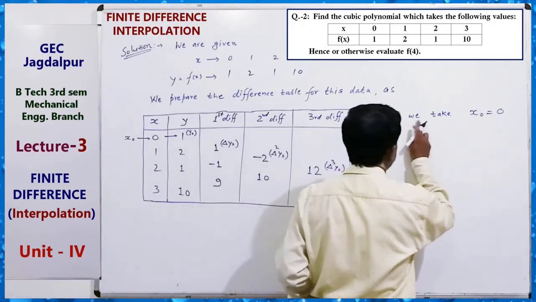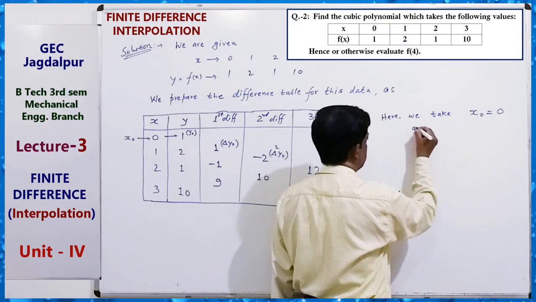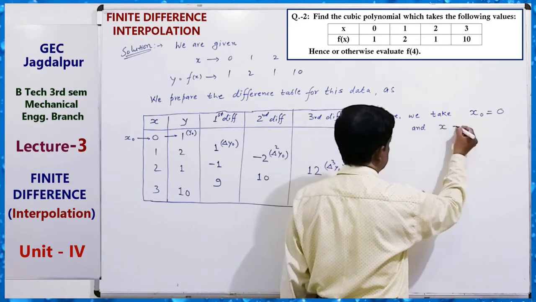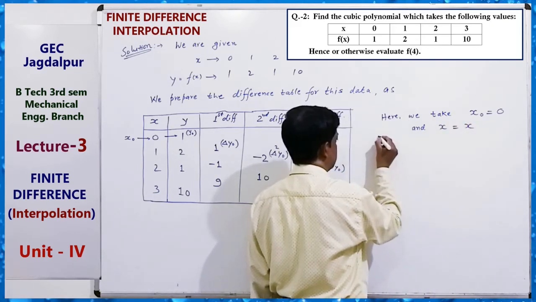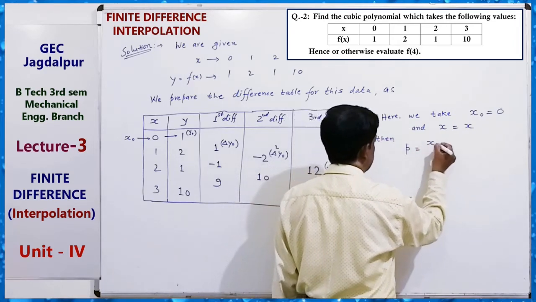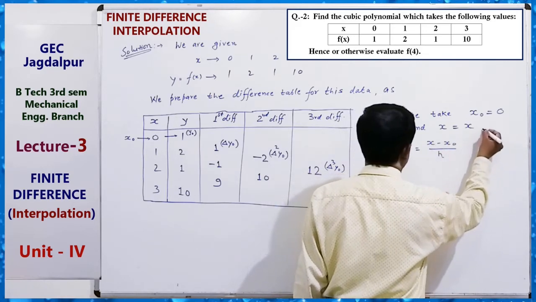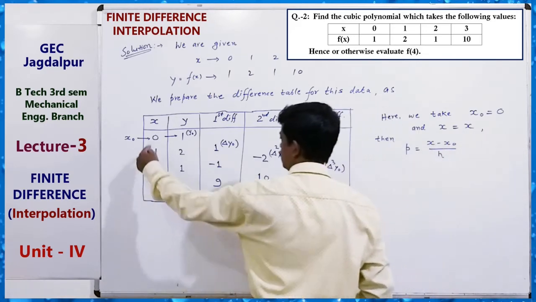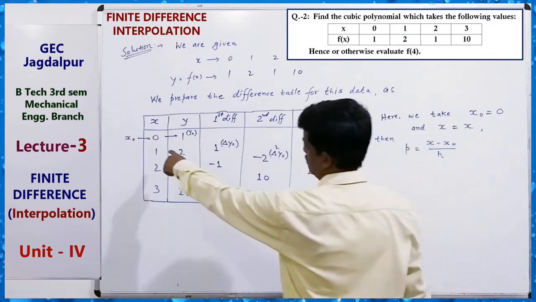So here we take x0 equals 0, and x equals x. Then p equals what? x minus x0 upon h. The values are 0, 1, 2, 3, which means the difference is 1.